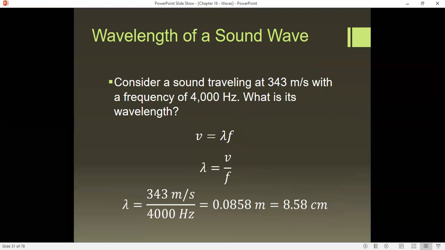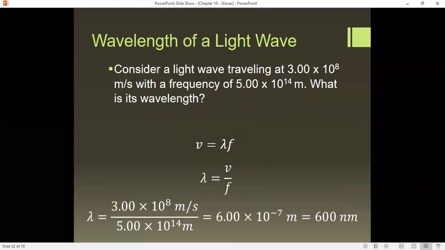Okay, now we go to light. Much higher velocity. We'll see how this affects it. Here I have a light wave traveling at 3 times 10 to the 8 meters per second again. This time I'm going to go to a very, very high frequency: 500 terahertz, if you want to do the conversion.